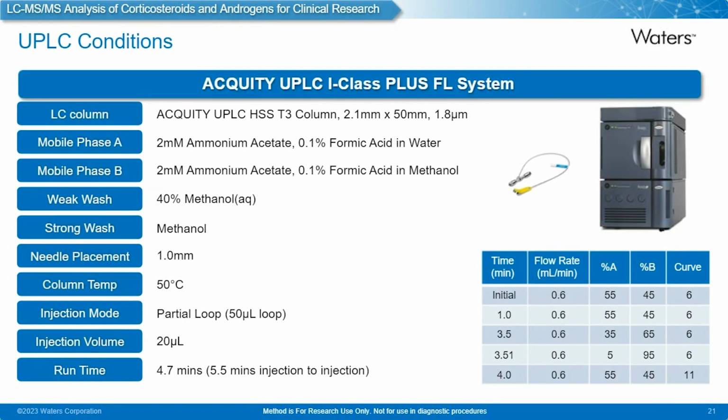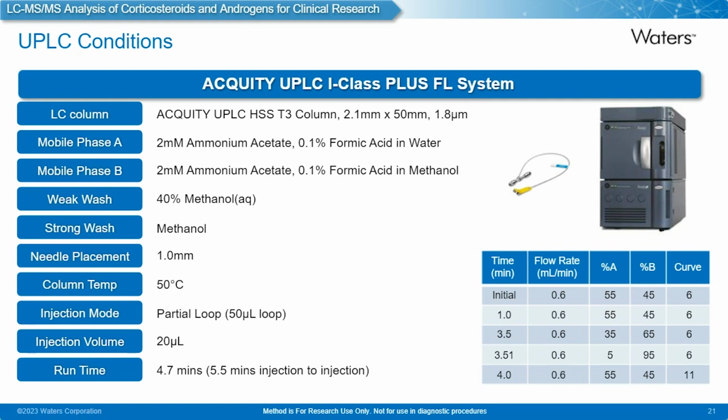And some more details around the Acquity UPLC I-Class Plus FL system setup. We're using ammonium acetate, 0.1% formic acid in water and methanol for this method. Just before I move on, this application note is available. Some of the resources will be highlighted at the end, and also within the webinar itself, there are links to some of these resources.